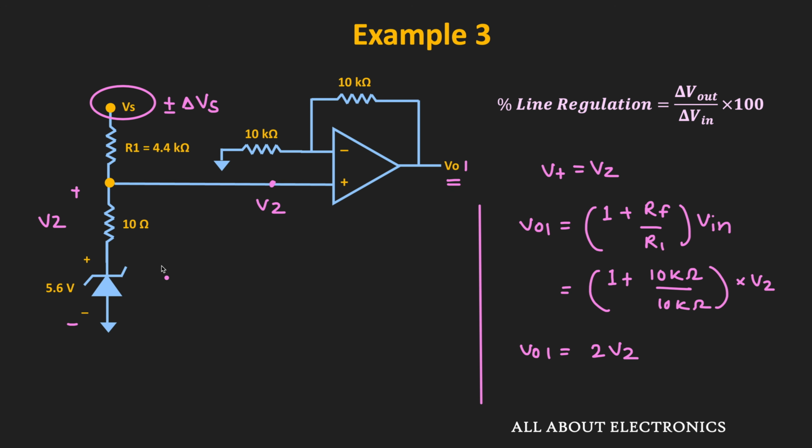So here this voltage Vz is equal to Vz0 plus Iz times Rz.